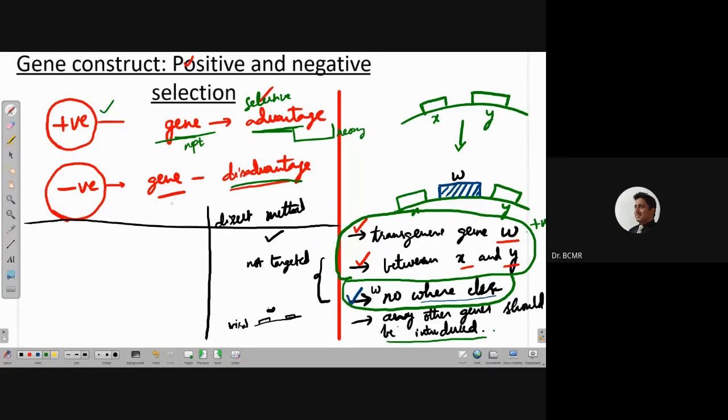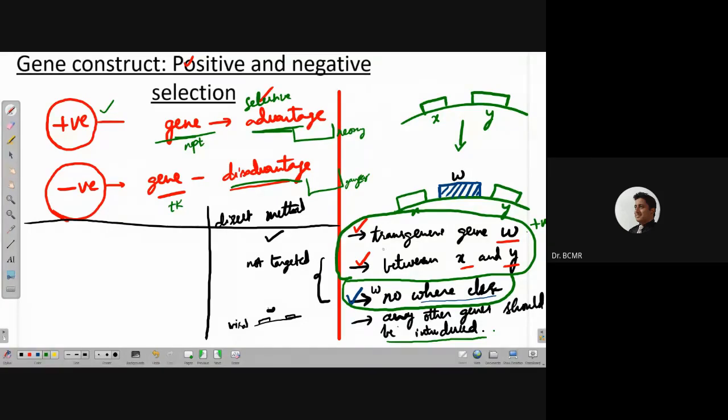Whereas in negative selection, we were discussing thymidine kinase. The presence of the gene will kill the cell when it is grown in ganciclovir, a prodrug.